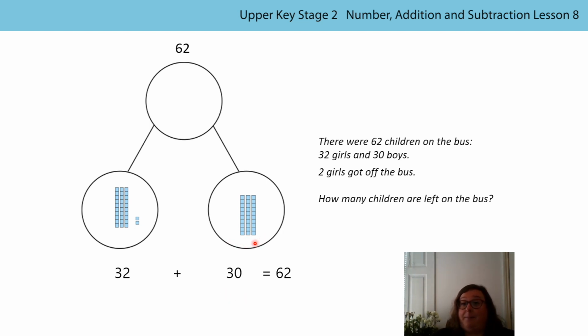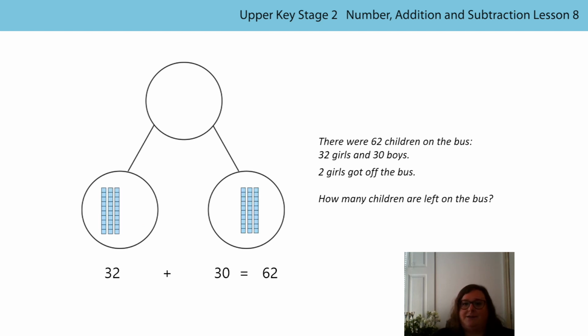You can see it in the part-whole model. And what does this represent? Oh yes, that's the number of girls, and that's represented by the 32 in my equation. So my 62 and my two parts here represent the total number of children on the bus. So there are 62 children on the bus.